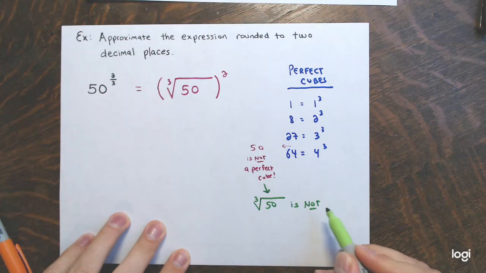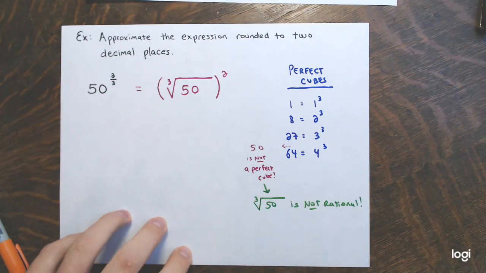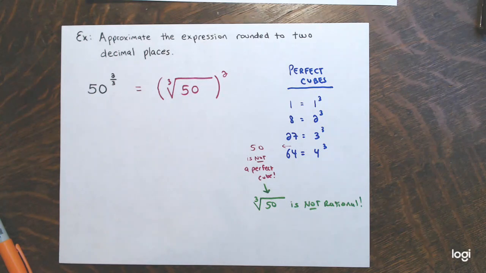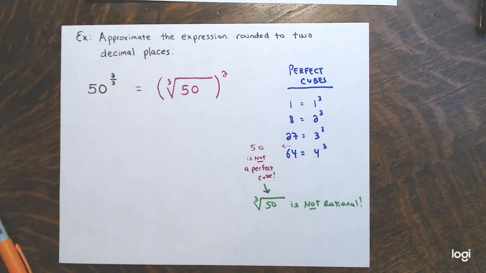It's what they call irrational. It can't be written as a ratio of 2 integers, can't be written as a fraction. So that's why we're asked to round to 2 decimal places. The cube root of 50 is going to have some decimal form that never ends and never repeats.